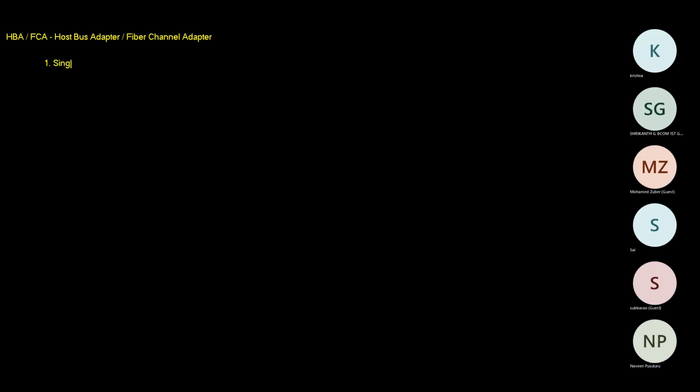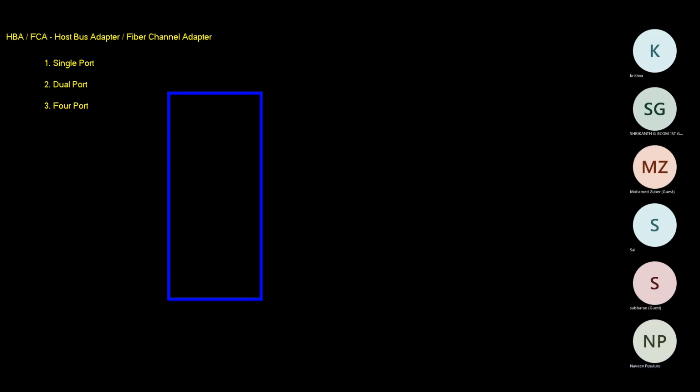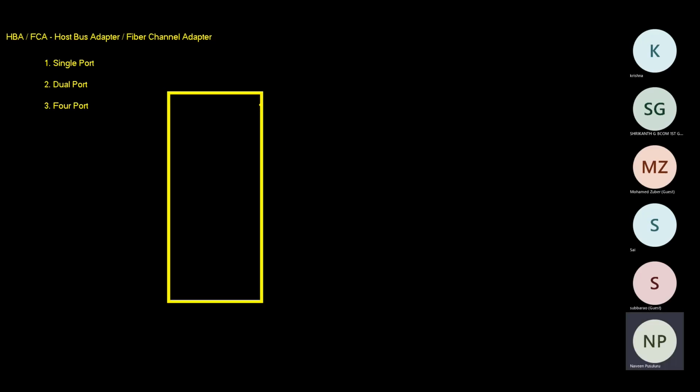One is single port HBA, dual port HBA, and four port HBA. Okay, we have three types of HBA. Here I'm going to take a two port HBA example. I just want to show you how HBA will work.